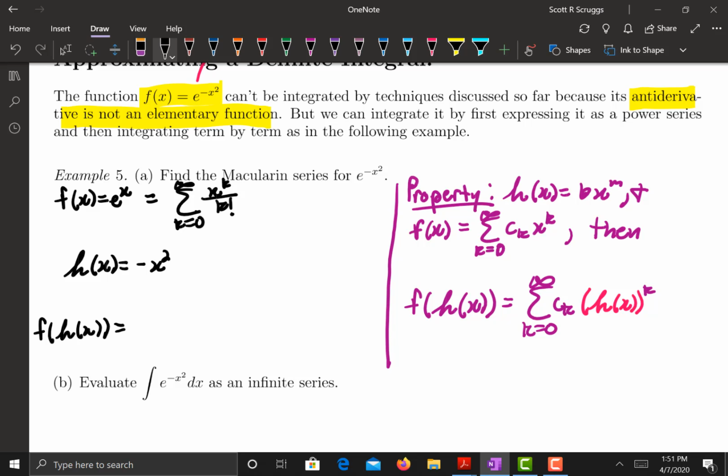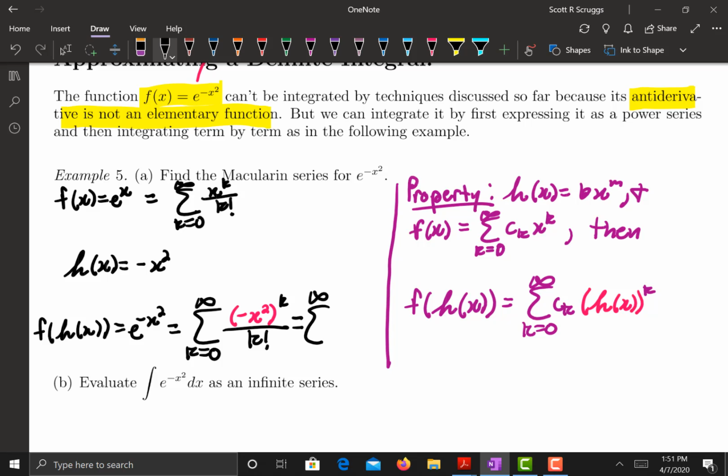of the composition, which is e to the negative x squared, is going to be the sum going from 0 to infinity. And what that property is saying, wherever I saw x originally in my power series, I'm going to replace it with the function of h of x, which then gives me the following power series.